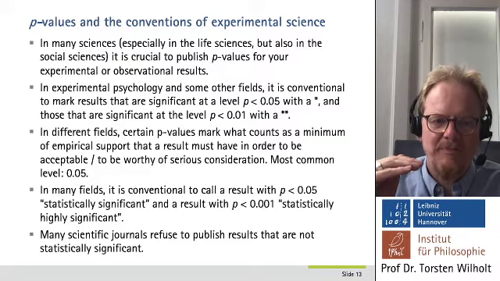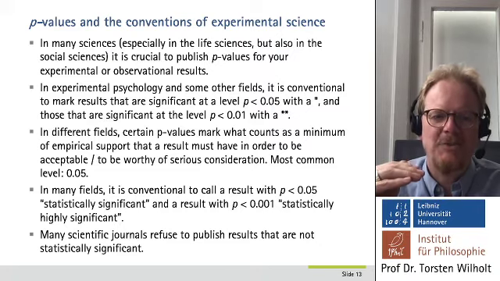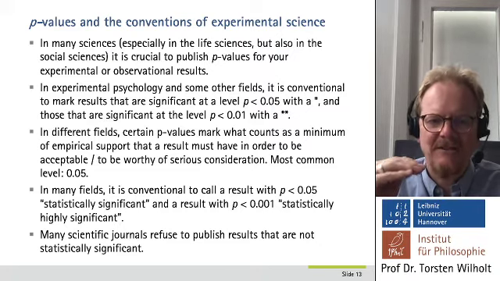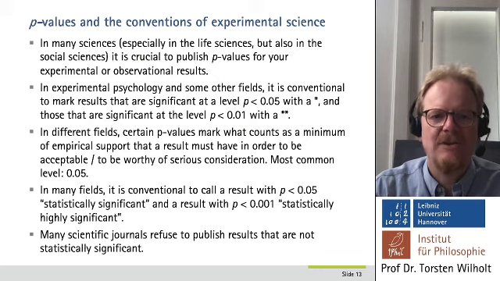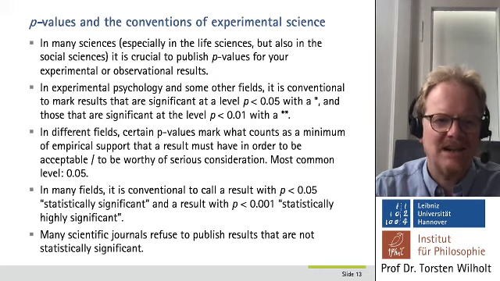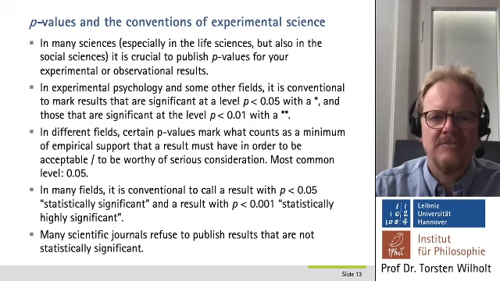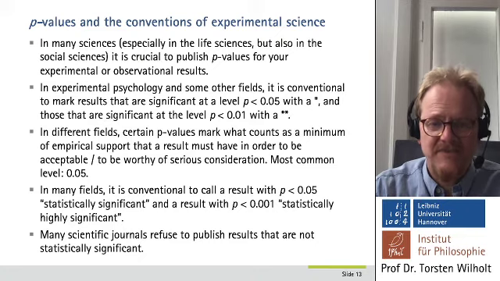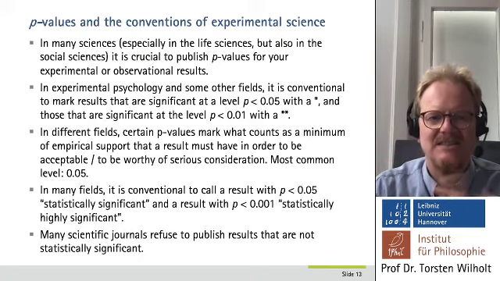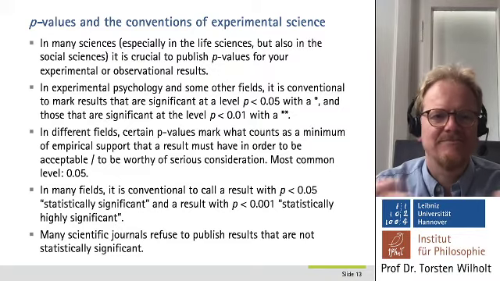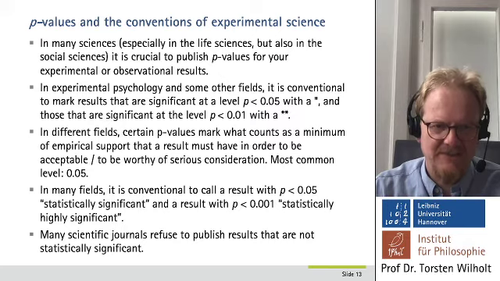So the p-value must at most be 0.05. This is a very common level. So if you say, okay, our results have a significance level of 0.06, it's conventionally regarded as not significant.